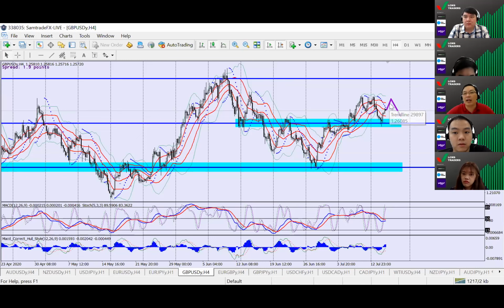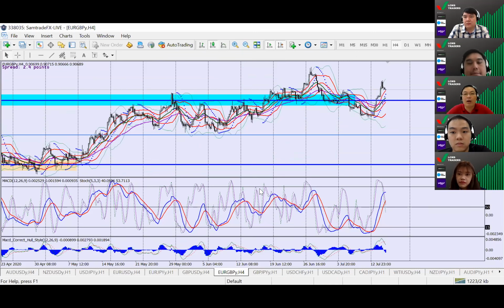In fact, I think it may not even go much higher. A little bit up before it comes back down to retest this support level of the 1.25 region as well. Okay, so that's how I look at it.